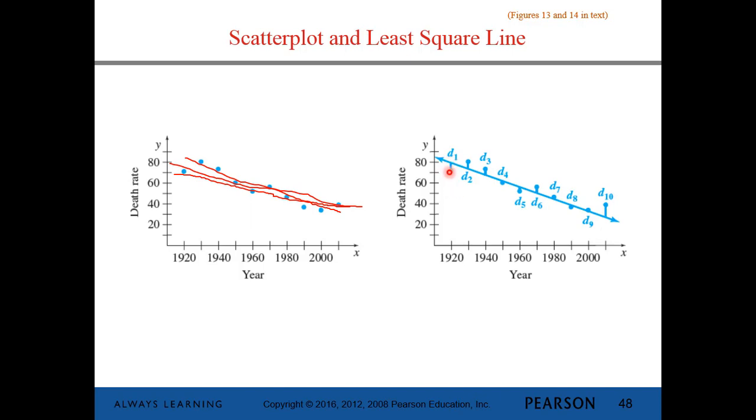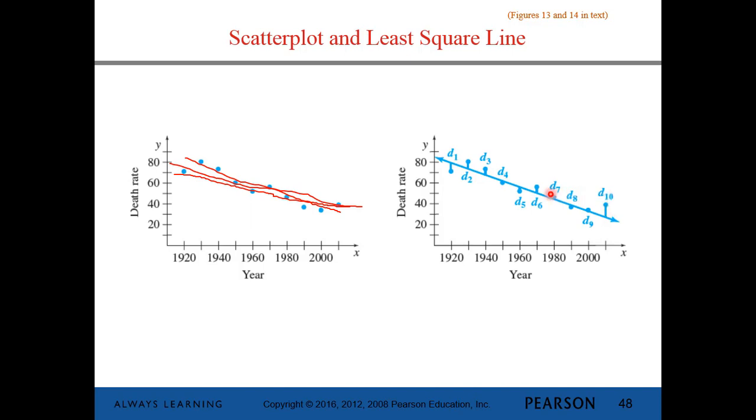Notice that this distance is below, but this distance is above because this dot is above the line. The distances for each dot are different; some are small, some are large. We have these 10 points, so we have 10 distances.